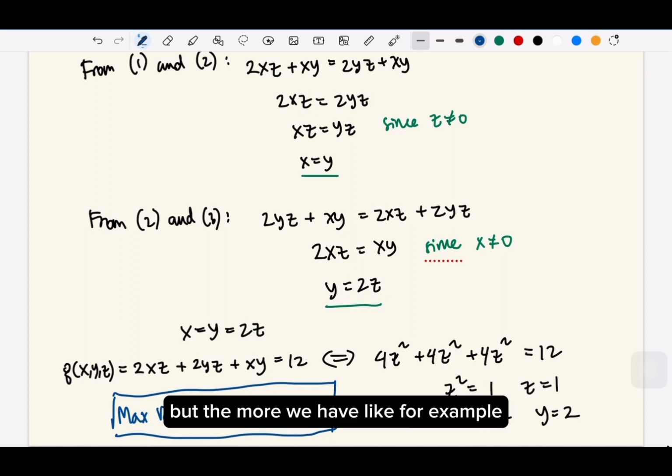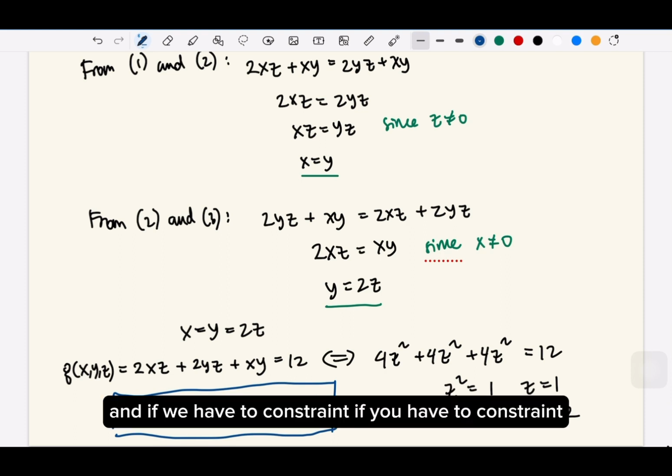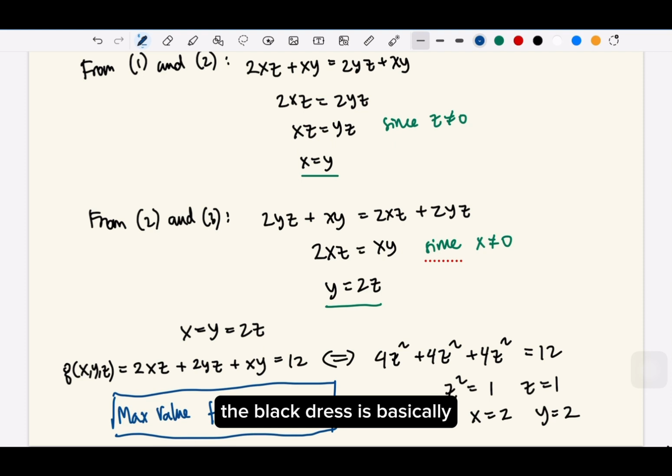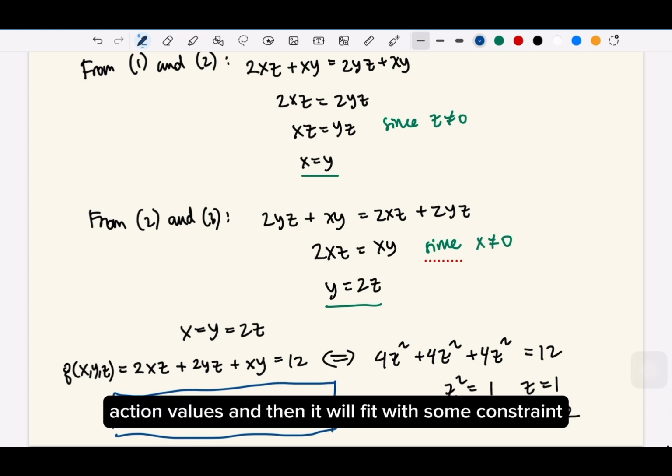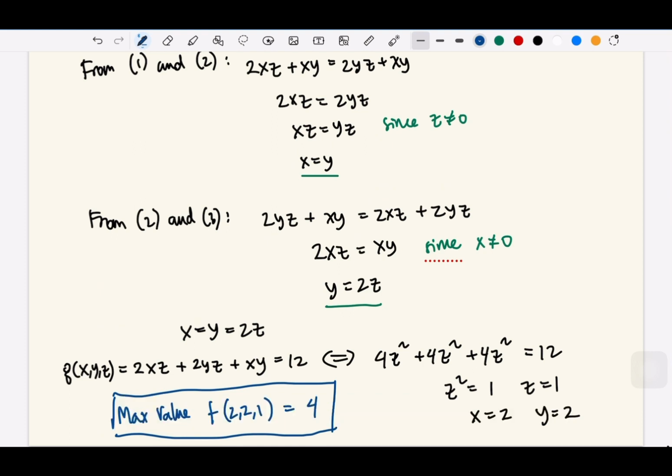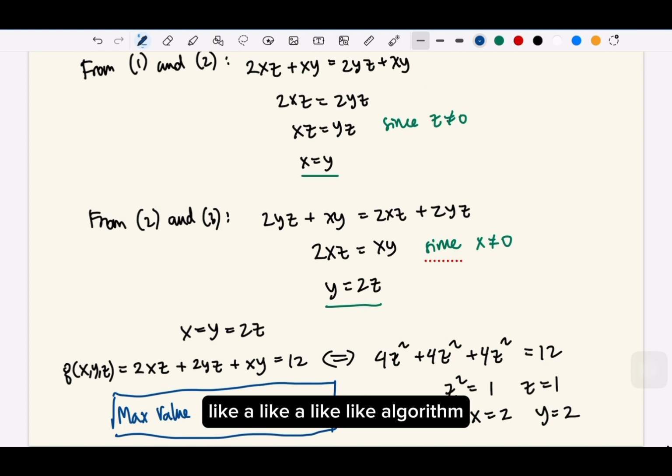But if we have a more complicated one, for example with two constraints, then Lagrange will be preferable, because Lagrange is basically trying to solve these extreme values and fit them with some constraint. So it works like a machine, like an algorithm. You have the function, and then you take this function and fit it with the constraint. So it's like working like a machine.